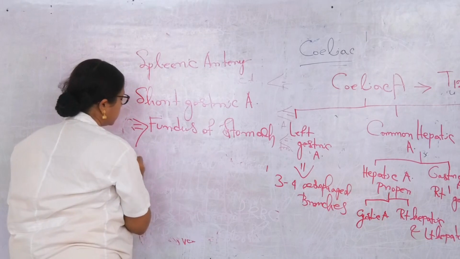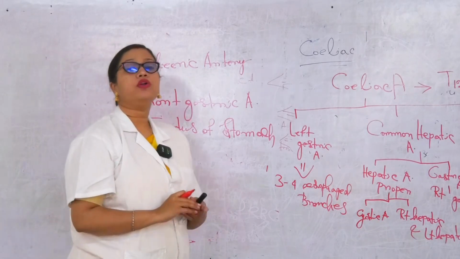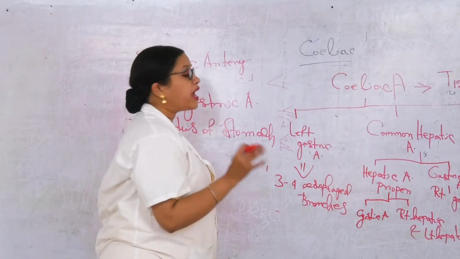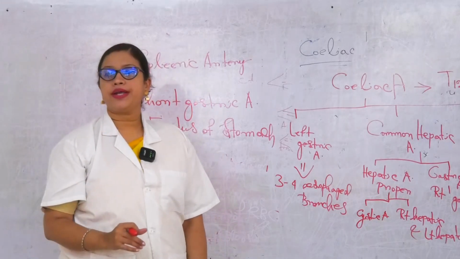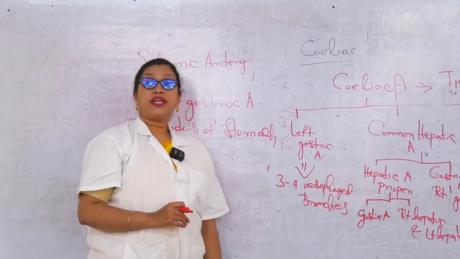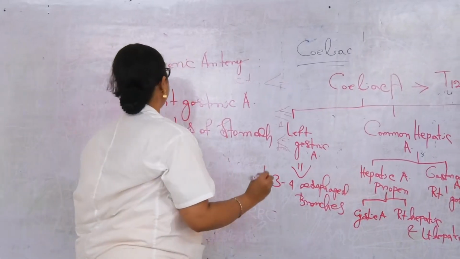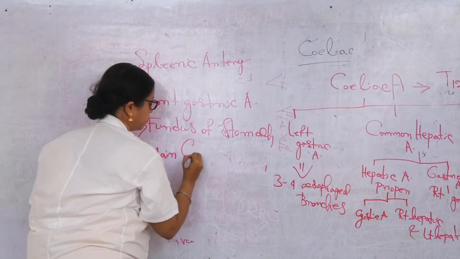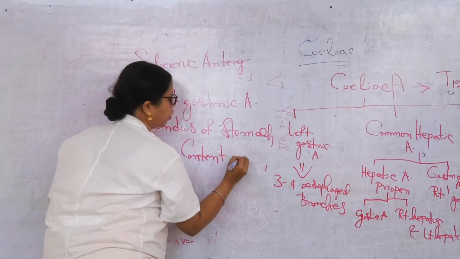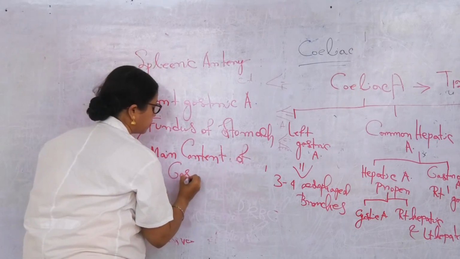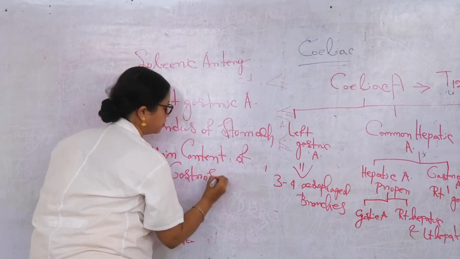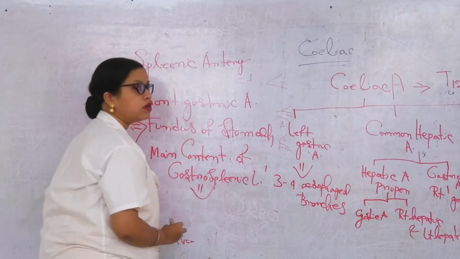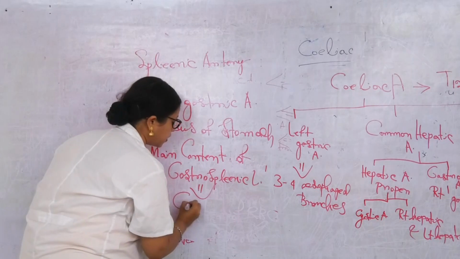And another one, which ligament did I tell? Gastrosplenic. Okay, write it down. Gastrosplenic কোন curvature? Okay, greater curvature. So it is the main content of the gastrosplenic ligament, and it is found on the greater curvature.